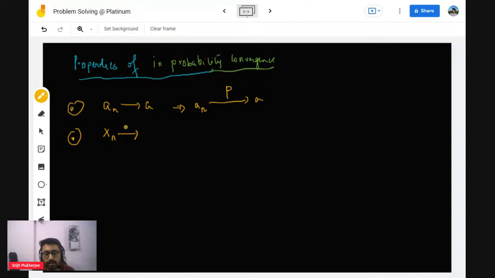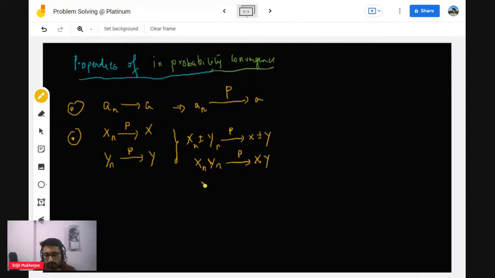If xn converges to A in probability and yn converges to B in probability, then xn plus or minus yn converges to A plus or minus B. Same goes for xn multiplied by yn, and also xn by yn if yn is not equal to 0. So you can use that.